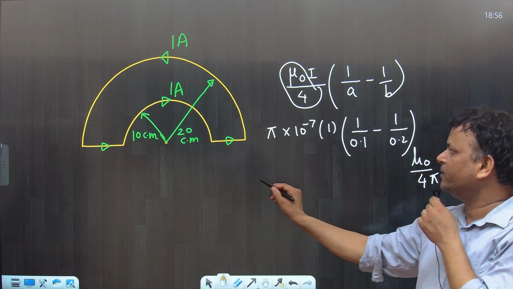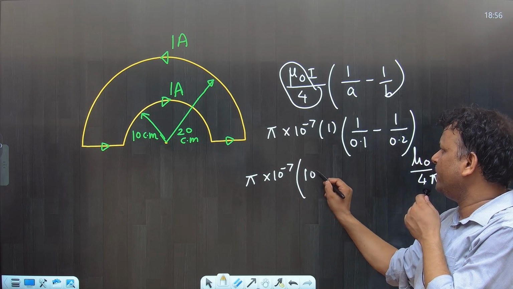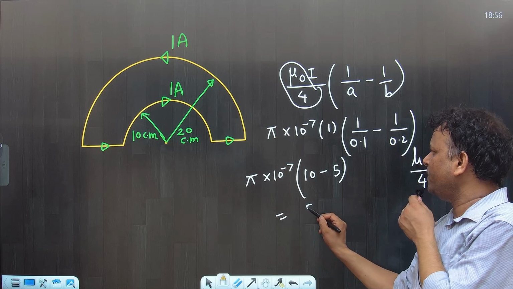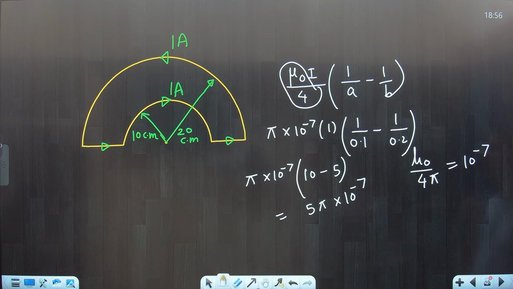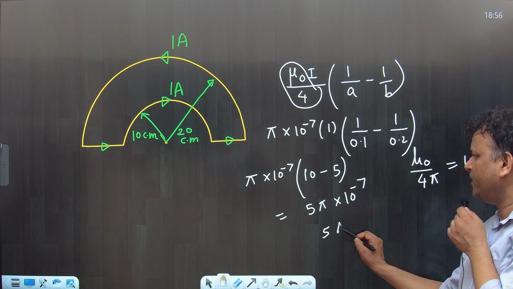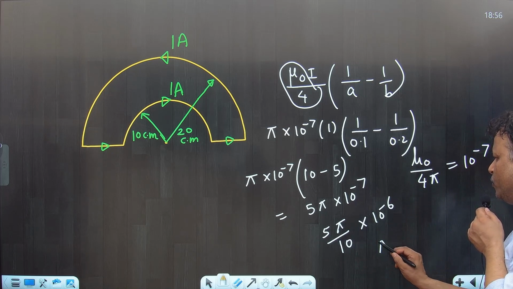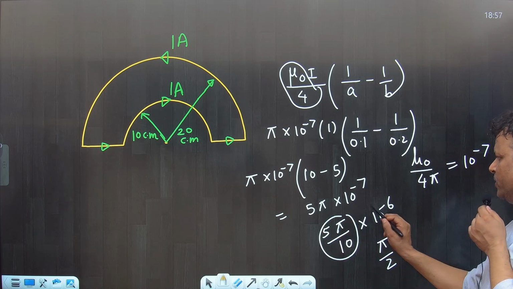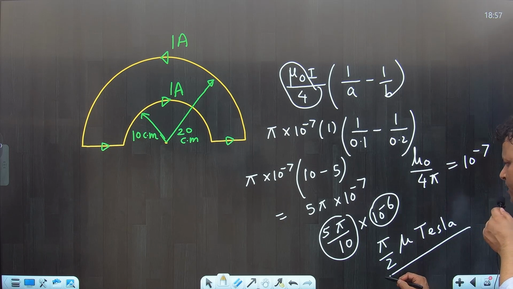So you will get pi into 10 to the power minus 7 into 10 minus 5. So you will get 5 pi into 10 to the power minus 7, right? You will get 5 pi by 10 into 10 to the power minus 6. So there is pi by 2. This is micro. Pi by 2 micro Tesla. Tesla is unit of magnetic field. So answer of this question is magnetic field at center is pi by 2 micro Tesla.